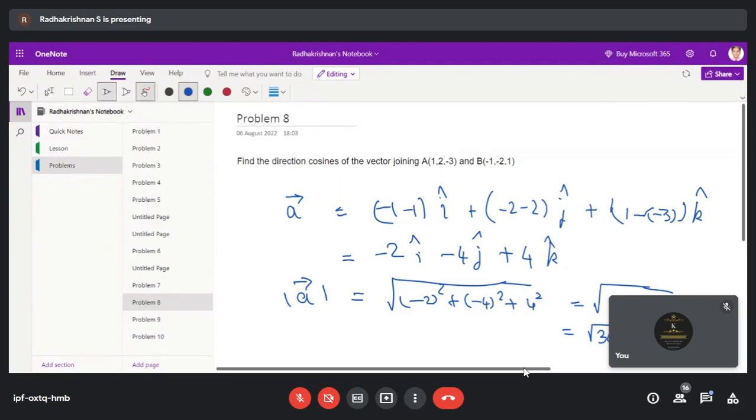Okay. So now what is the direction? What are the direction cosines? l equal to -2 by 6, m equal to -4 by 6, n equal to -4 by 6. That's all. Good, this is clear.